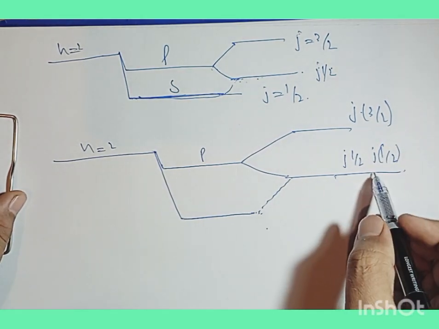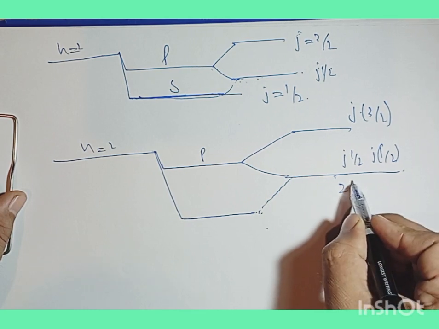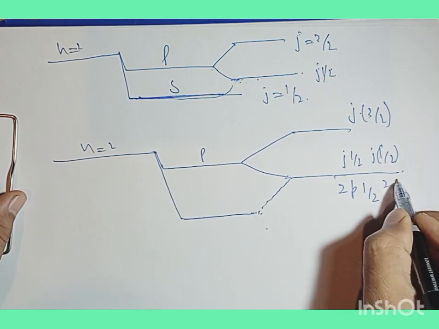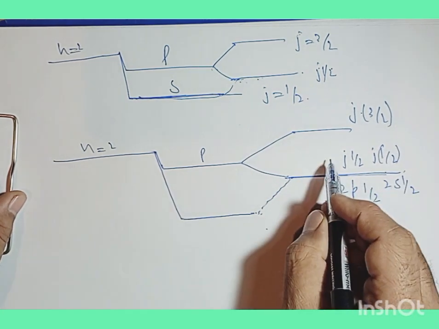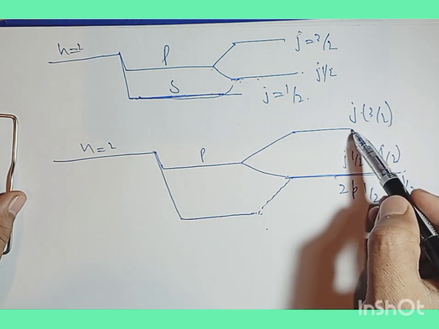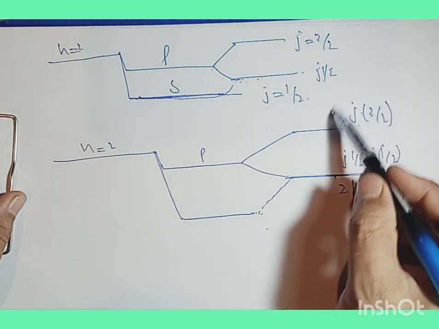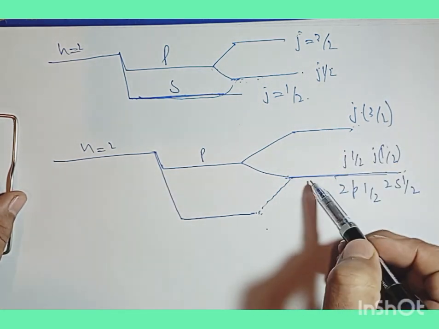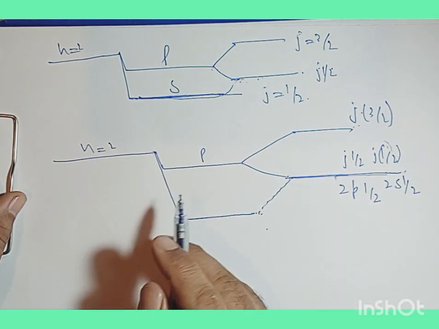Now, writing in terms of the orbitals, here I will have the 2p 1/2 state and the 2s 1/2 state. They'll be on the same level, and here we'll have J 3/2. The two states will be enclosed by the same level due to the Darwin correction.